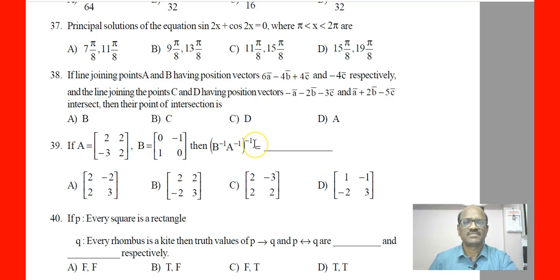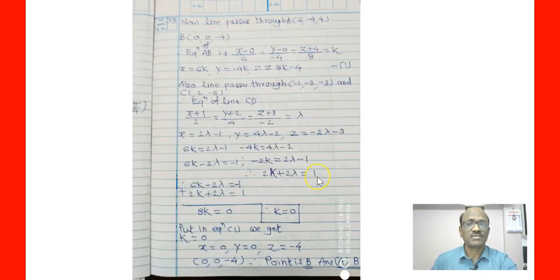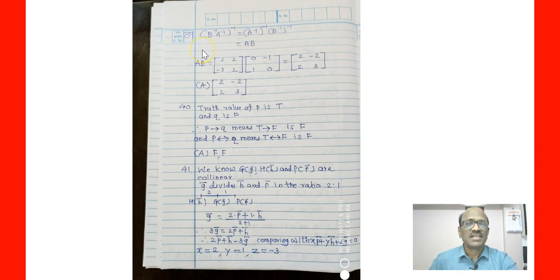Inverse of B inverse into A inverse is nothing but the AB, that is, find their product only. By using the rule, the inverse of B inverse A inverse is A inverse raised to minus 1 and B inverse raised to minus 1, that is AB, their product. You will get 2, minus 2, 2 and 3.